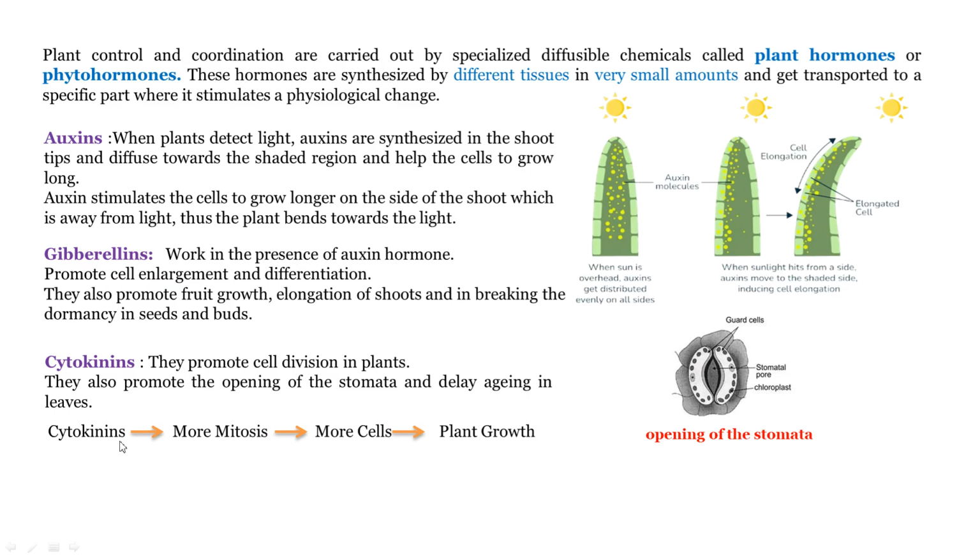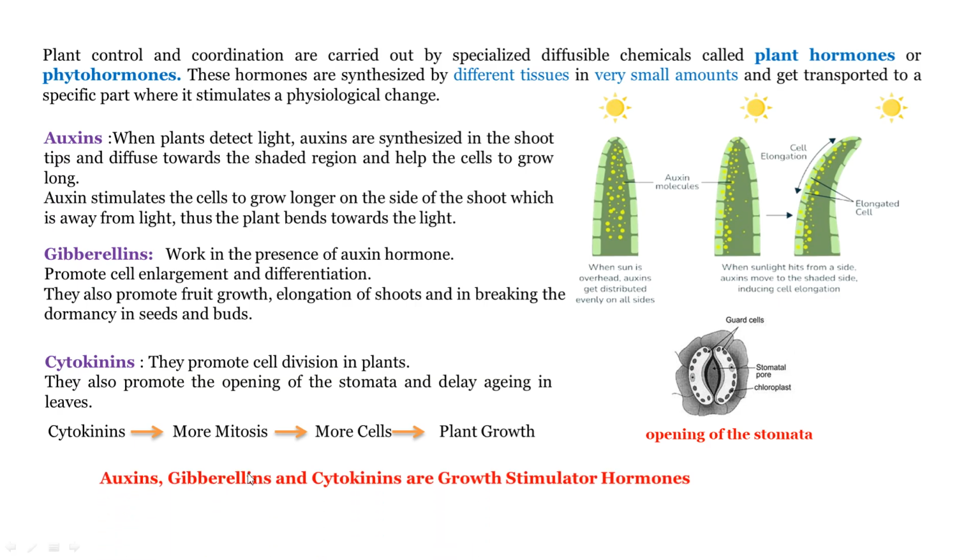If cytokinin is synthesized, it helps in more mitosis, which helps in formation of more cells, and these more cells help in plant growth. This is how these 3 hormones help in promoting growth.